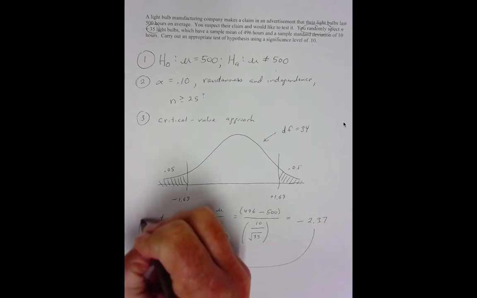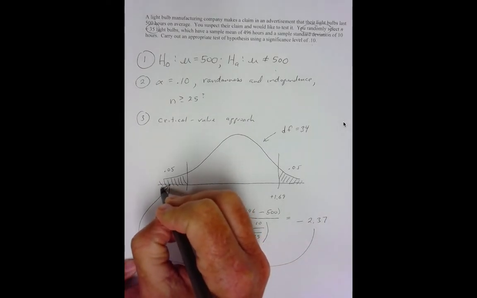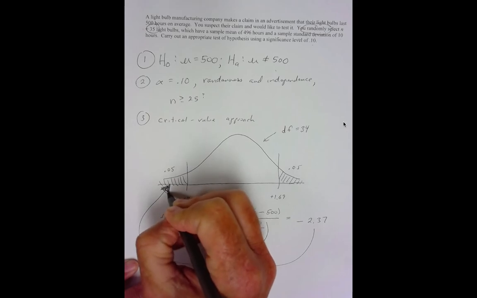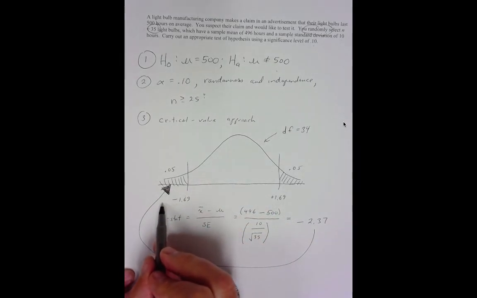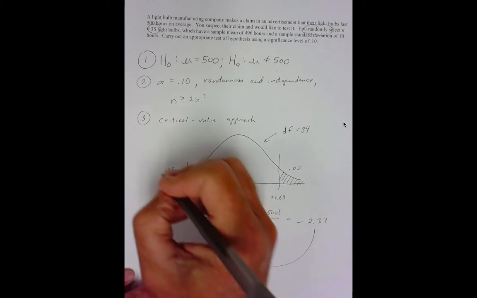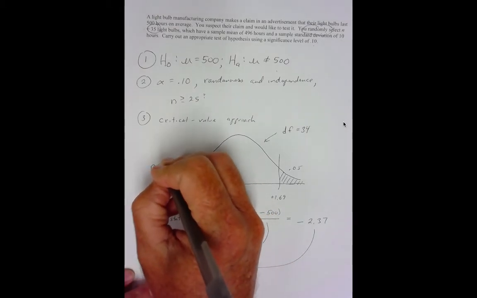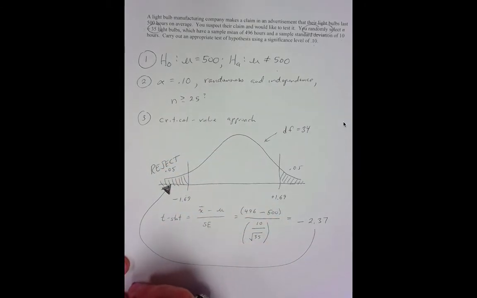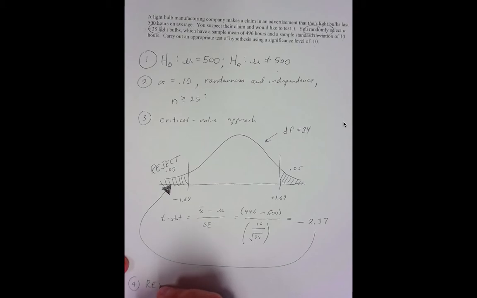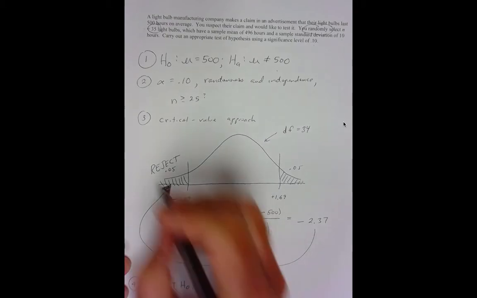And I can come all the way around here, and looking at my drawing, I can see the negative 2.37 will be to the left of negative 1.69. So this falls in my reject region. So decision: reject H sub 0.